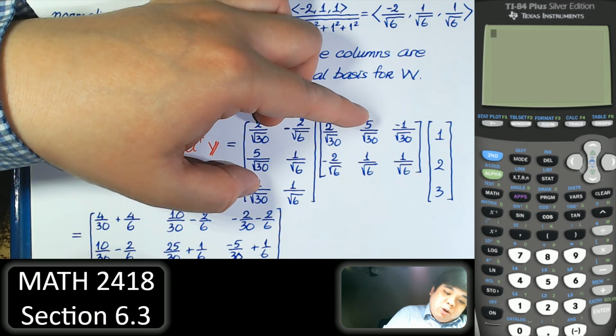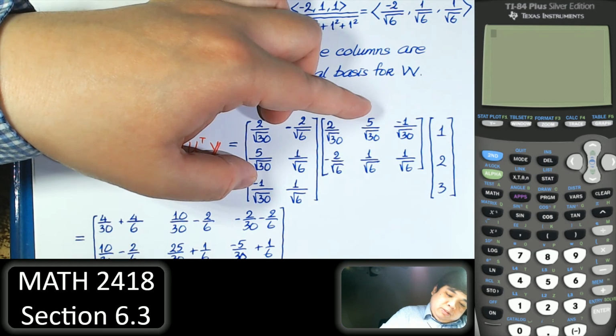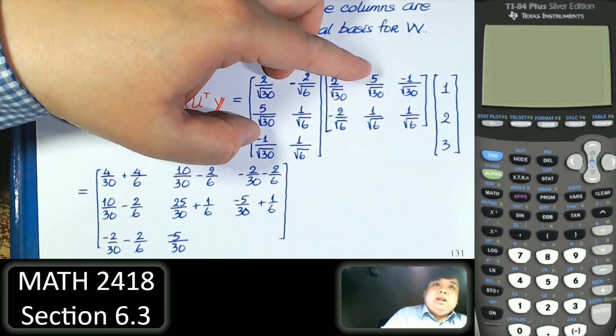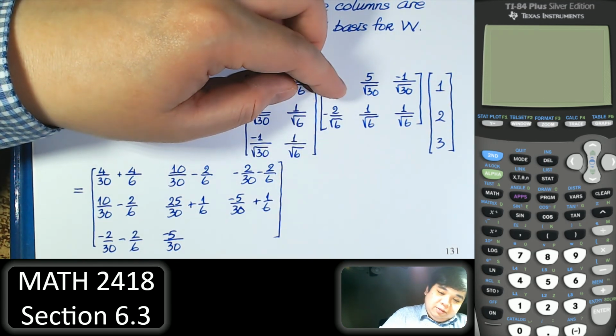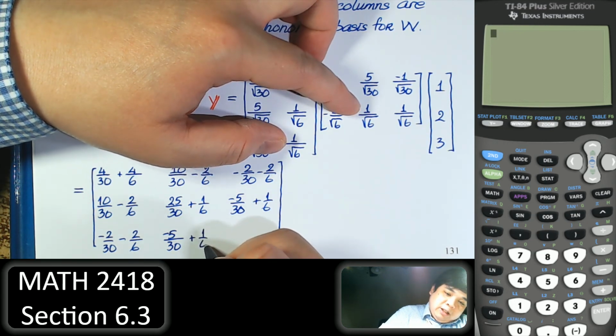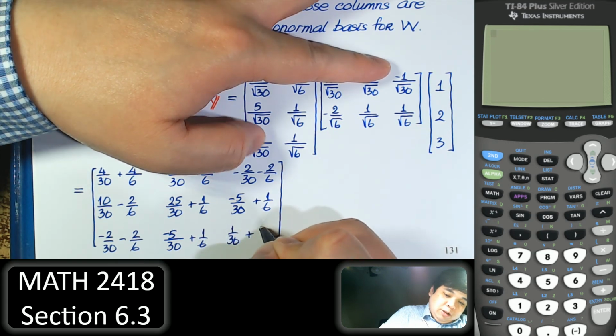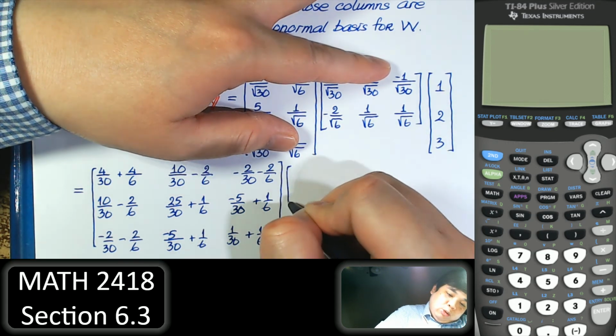As you see, there's no square root after this. Minus 5 over 30, plus 1 over 6, and 1 over 30 plus 1 over 6, times 1, 2, 3.